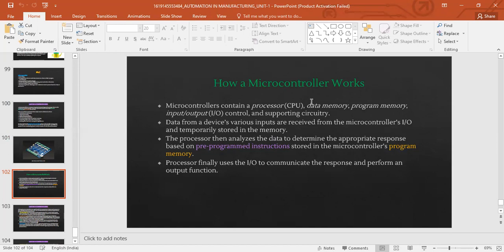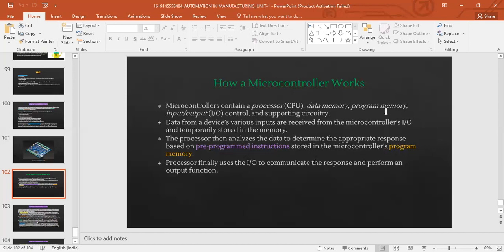That's why you need the memory. The processor then analyzes the data to determine the appropriate response. The response depends on pre-programmed instructions, which are stored in the microcontroller's program memory.